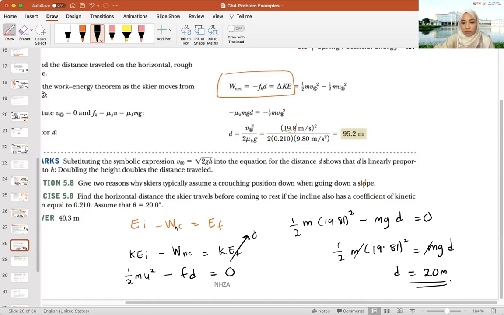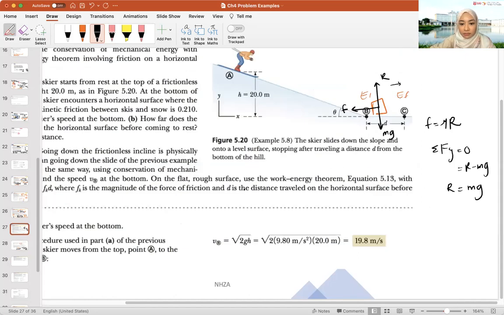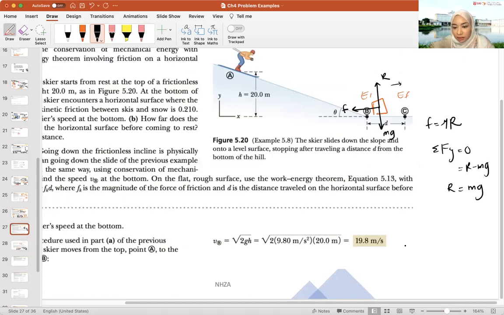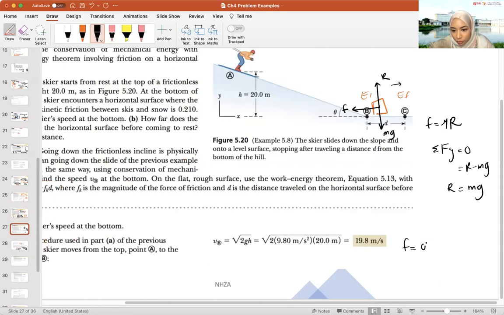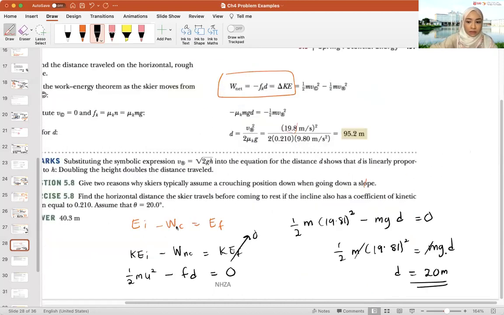So let's see. Is it right? It's different. Why is it different? I left out mu. Okay. F is mu mg. What was mu earlier? 0.2. Okay, mu is 0.2. mg is 9.81. So this is my F. I left it out earlier.